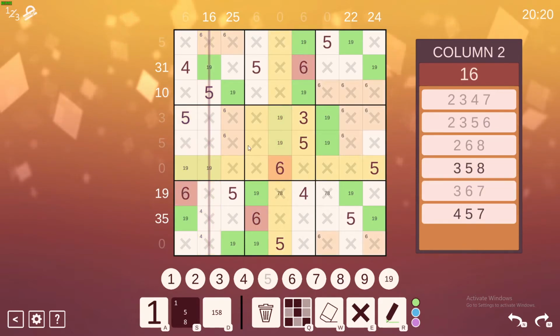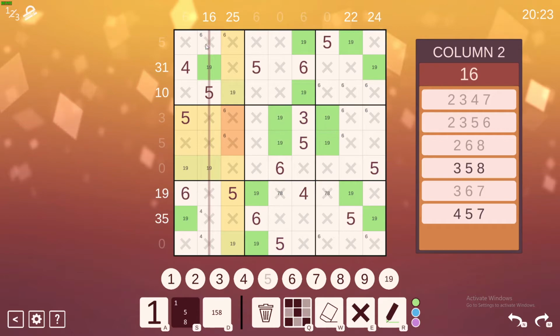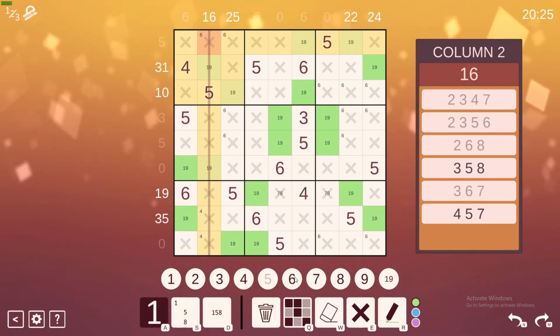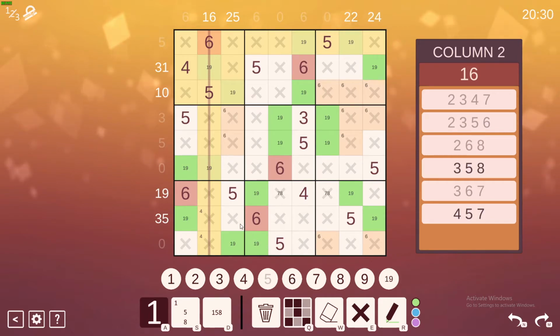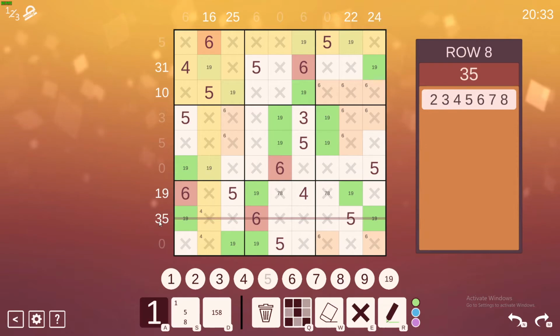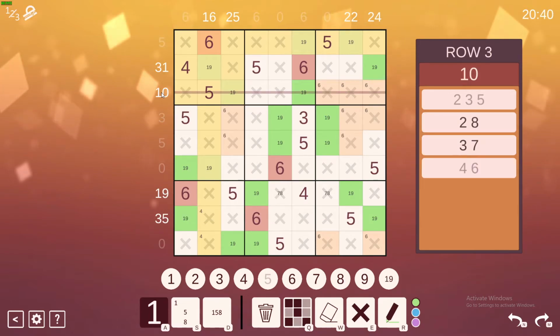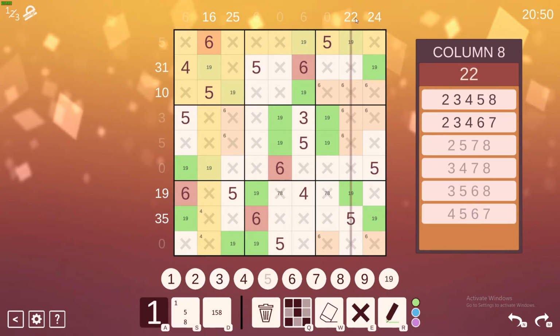But what I can do is notice this straight line in the 6s acted up here and makes it so that we can have a 6 right here. I'm sort of scanning through to see if there's anything that would eliminate a clue based on the 5s that we have placed and the notes that we have.